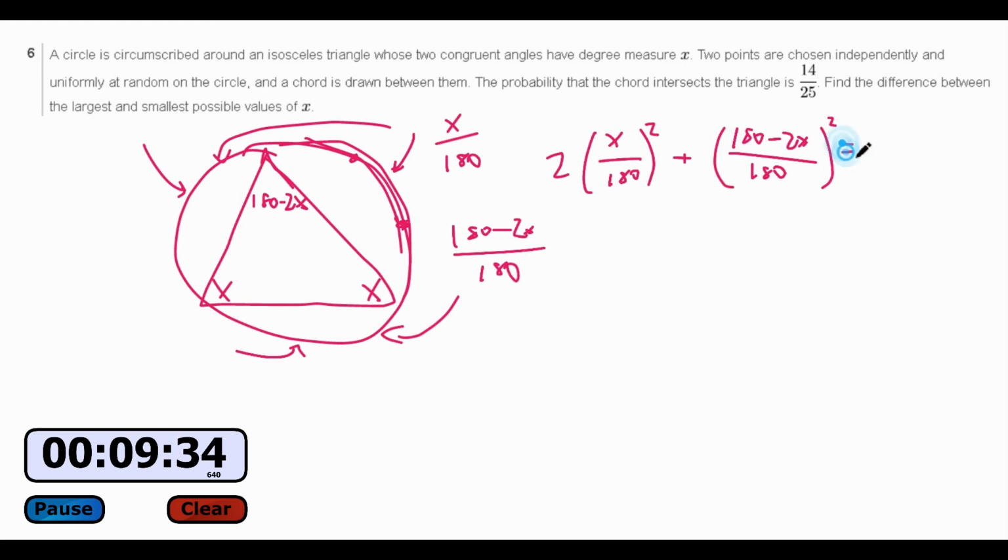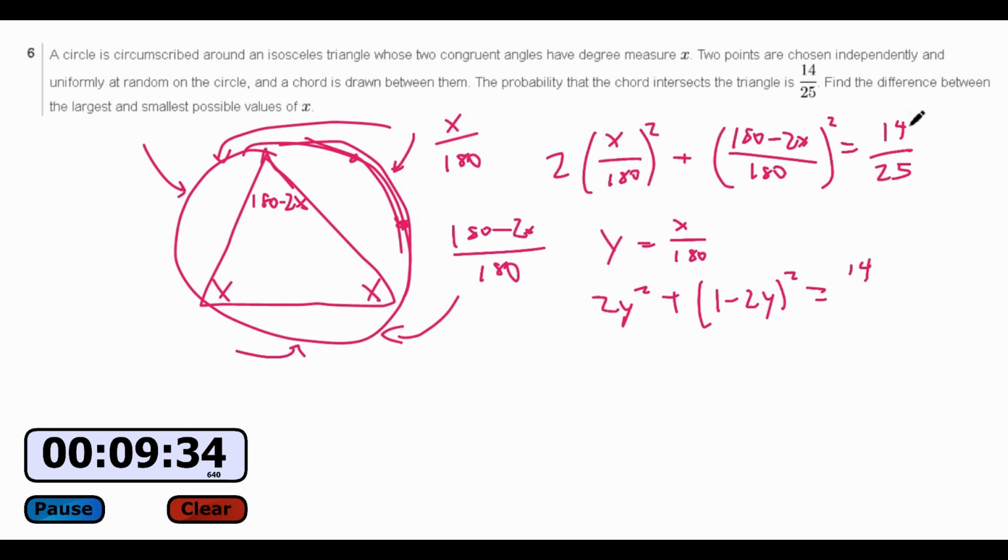And this is going to be 14 over 25. So right now we have some really big numbers here. We definitely do not want to square 180. So instead, let's do the substitution y equals x over 180. Then that gives 2y squared plus, well, 180 minus 2x over 180 is just 1 minus 2y, so this is 1 minus 2y, squared, equals 14 over 25.